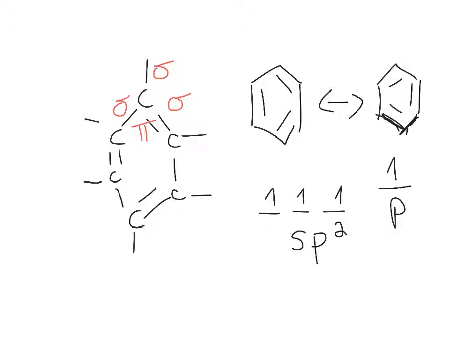So if one of them is gone for that pi bond, that leaves only 2 left. So it's sp2. We remove from the 3 p's, not from the regular formula, which is sp2.